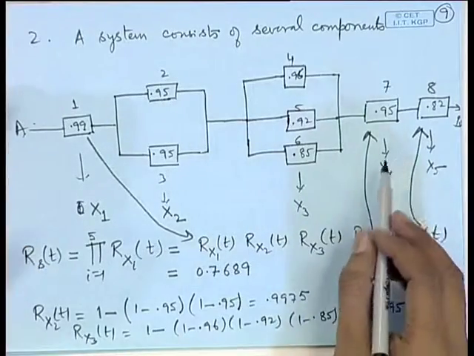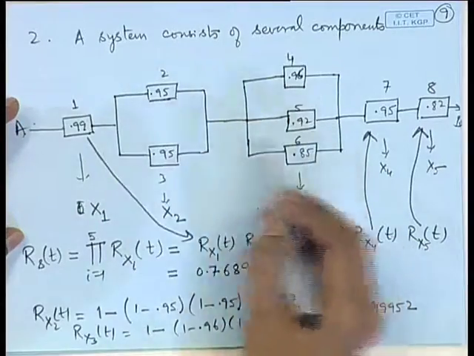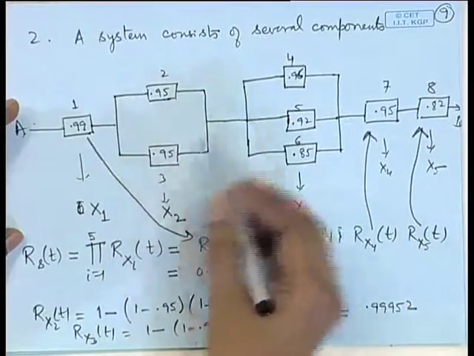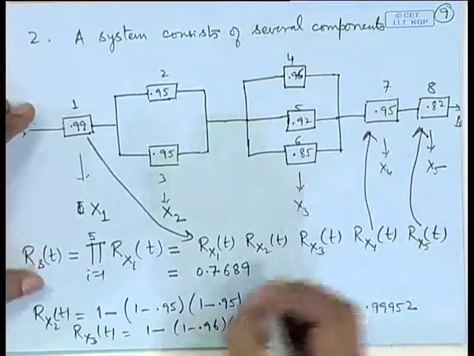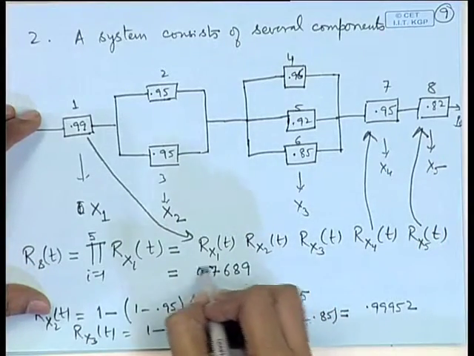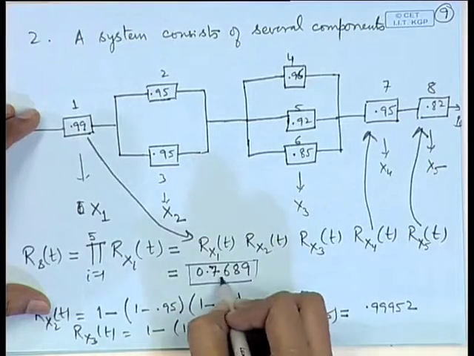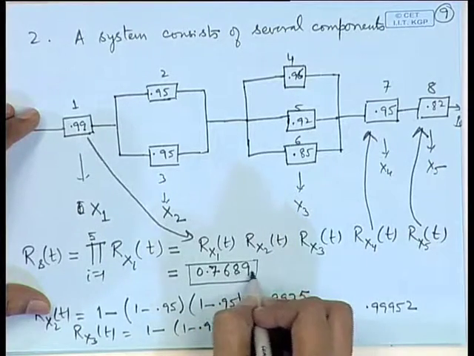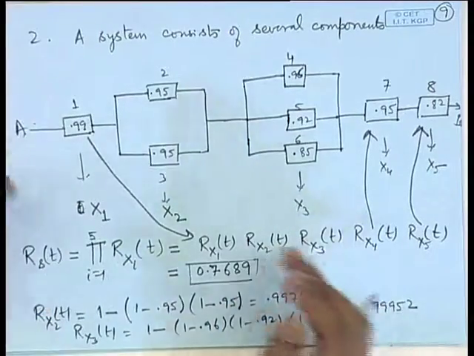One more thing we should notice here: the reliabilities of the individual systems are quite high, for example, 0.99, 0.95, 0.95, 0.82, etc. But if we are looking at the reliability of the compound system, it is 0.7689, which is much smaller, which shows that when we multiply the probabilities, they become smaller, because each of the numbers is less than 1, that is the effect.